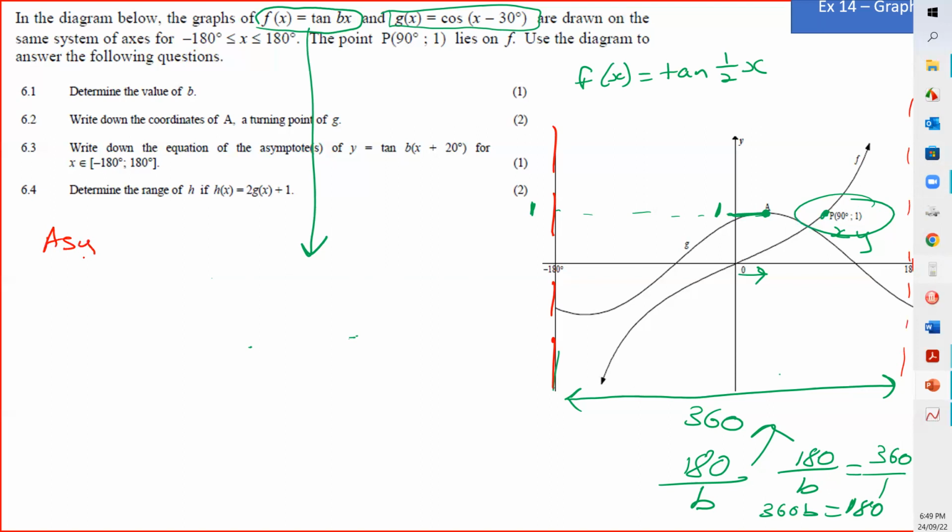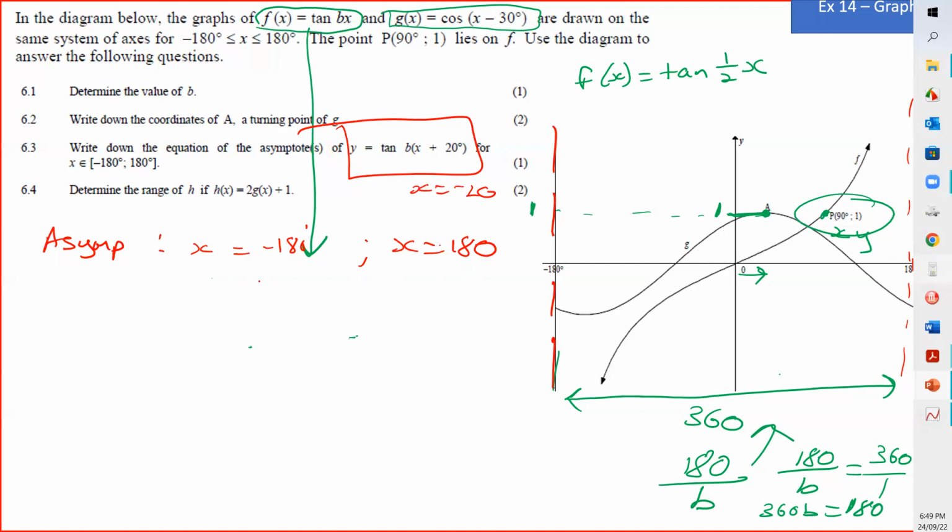If we look at the asymptotes of this graph, they say rather than the equation of the asymptotes, the normal tan graph that we have on the page there has x equal to minus 180 and x equal to 180. Now let's have a look at what they are doing to this graph. So y is equal to tan(x + 20). We're worried about the horizontal shift. If we change the sign, it is minus 20, so the graph is moving 20 degrees to the left.